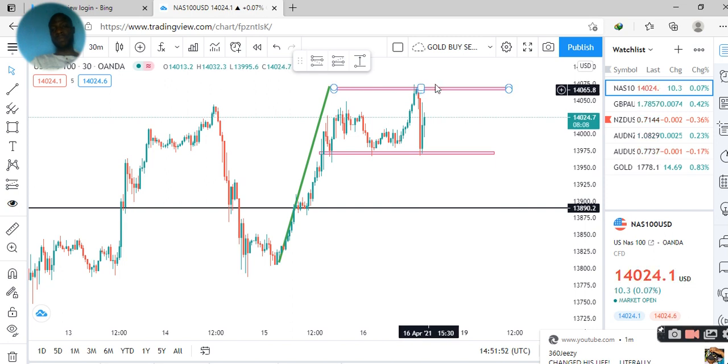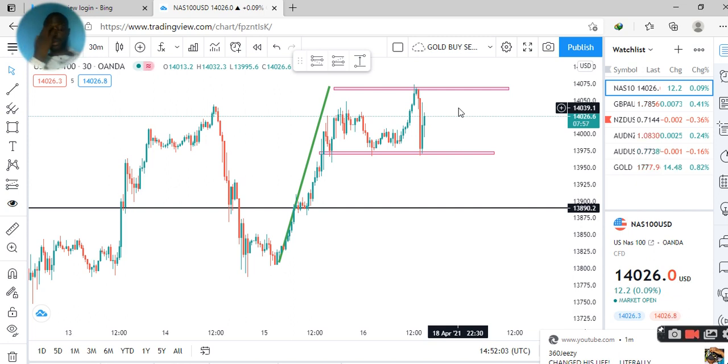If price breaks this, I'm definitely buying and putting my stop just within this area here, and my take profit open. Right now I don't have a proper area to put my take profit, so it would be unwise of me to put one.